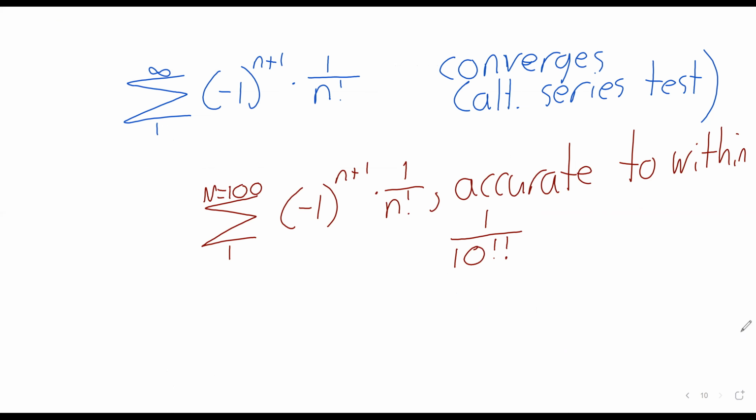So if we want to know what this sum is, we're very happy. We don't have to ask, what if 100 isn't enough? Maybe we should go to 1,000, or 1,000,000, because in this specific case, we have a concrete bound. If we go up to 100, this is already extremely accurate.